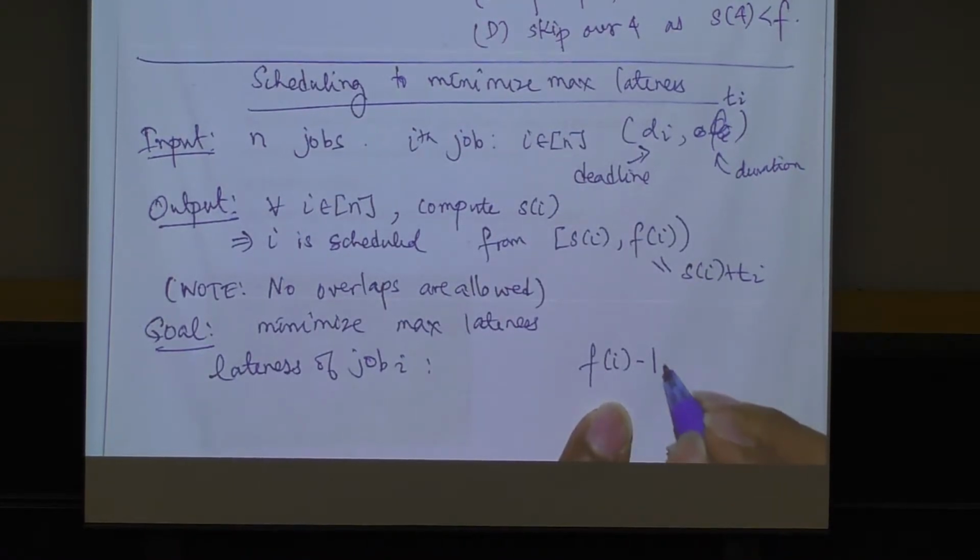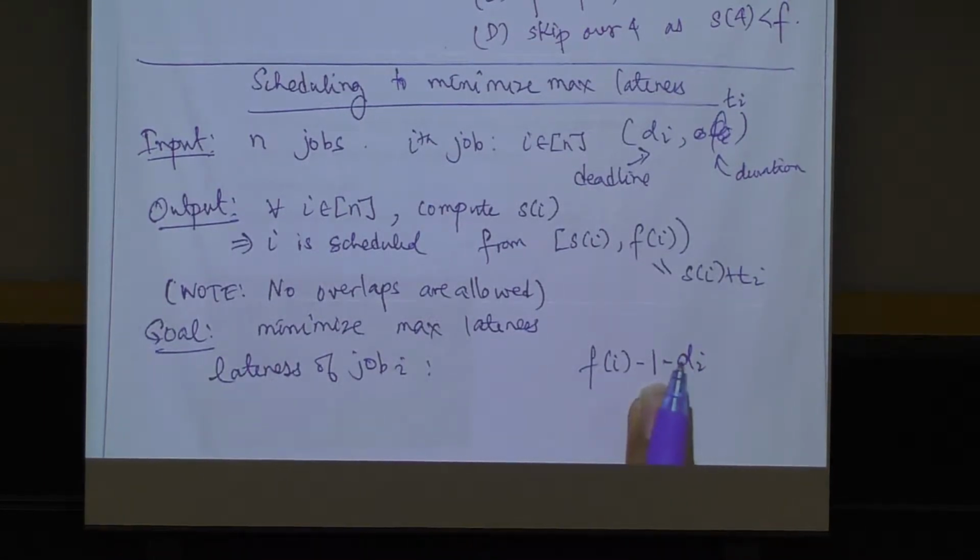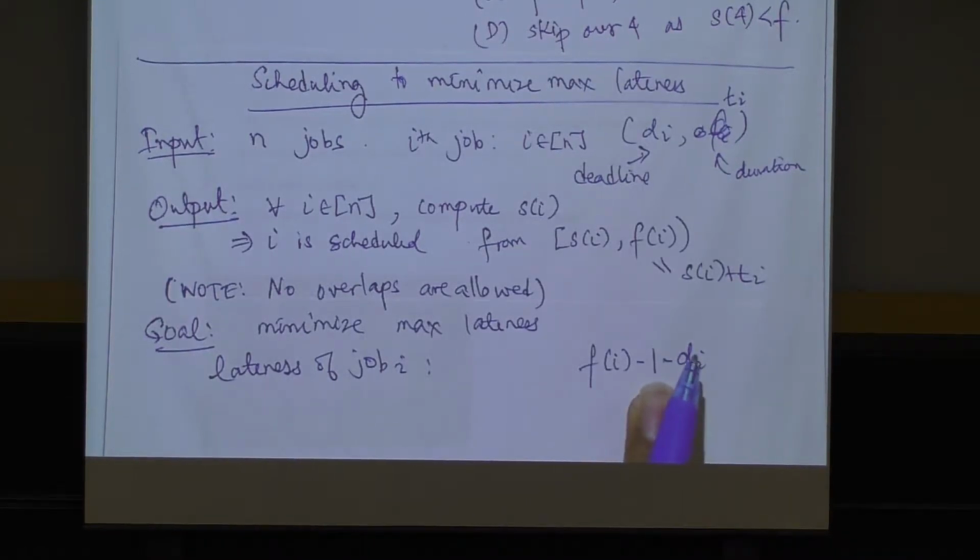So f_i minus 1 minus deadline. If this quantity is strictly bigger than 0, it means you did not meet the deadline. And so this is the penalty that you incur.